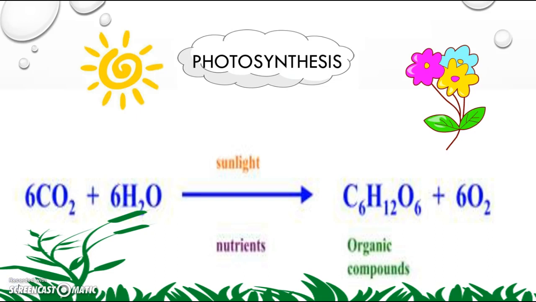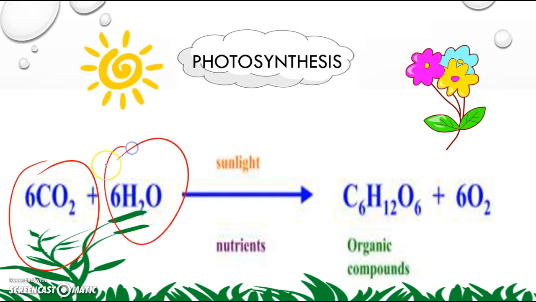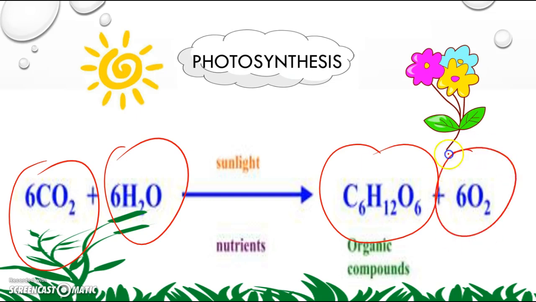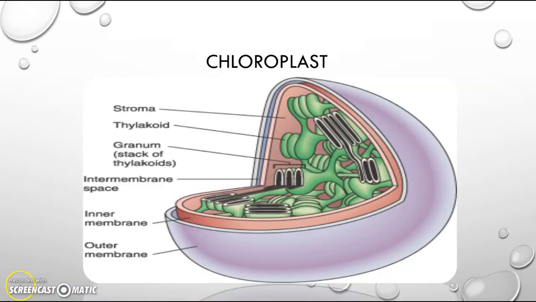This process consists of a series of chemical reactions that require carbon dioxide, which is CO2, and water, H2O, and store chemical energy in the form of sugar. Light energy drives the reactions. Oxygen is a byproduct of photosynthesis and is released into the atmosphere. The following equation that you see right now summarizes photosynthesis.